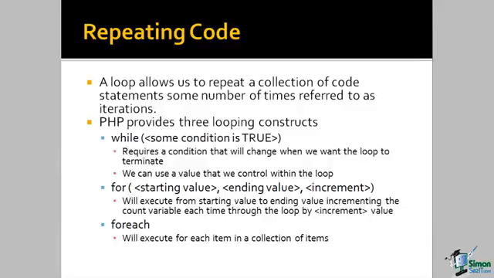And as long as that condition is true, the block of code that's controlled by the while loop will continue to execute. So within that block of code, we must set the condition that will terminate the loop. Otherwise, the loop will run infinitely because the condition will always be true.